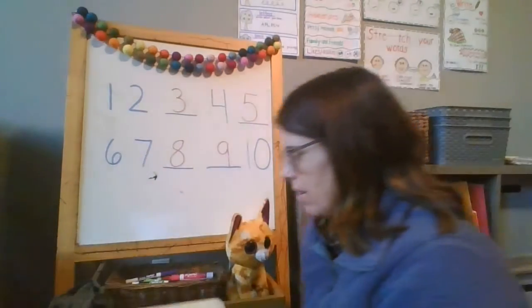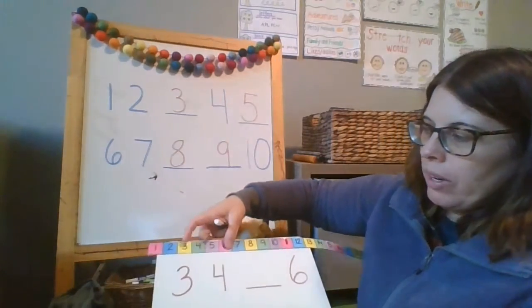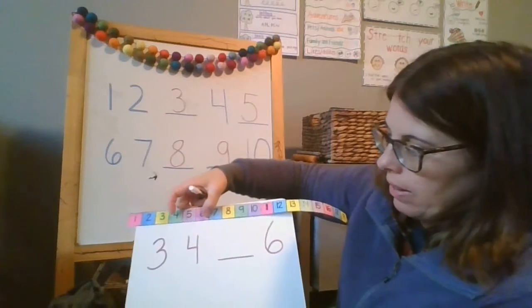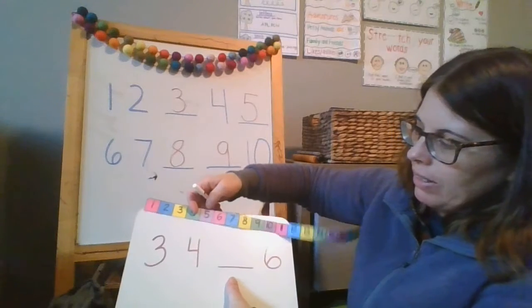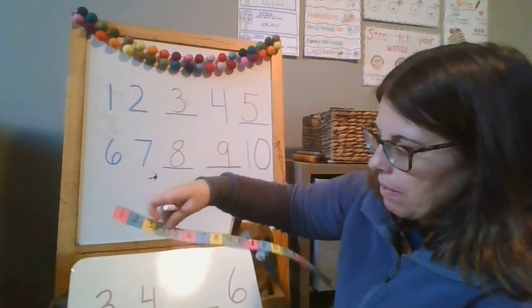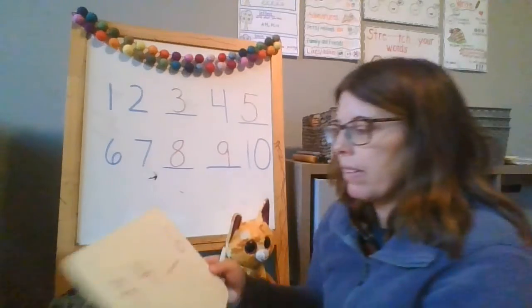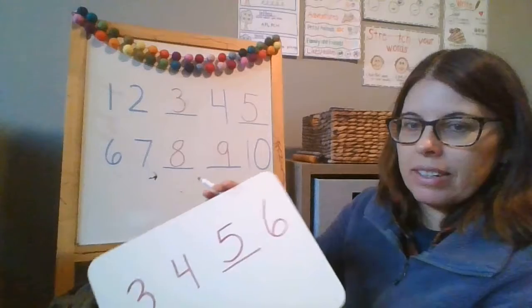Okay, let's look at this is our number line. So it starts with 3. So here we are, 3, 4. Then there's a big blank space. What number is that? It's 5. Yep, and then comes 6. 6 comes after 5. Okay, so we have to make a 5 on that line.